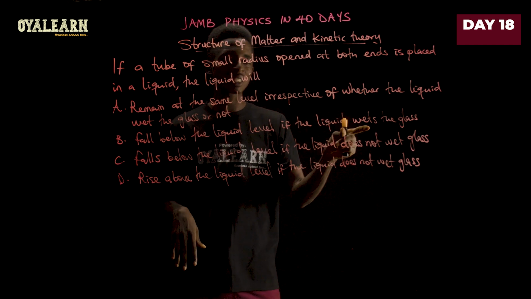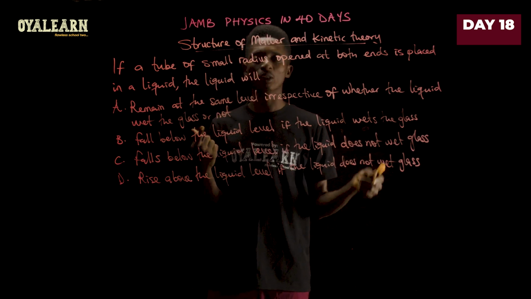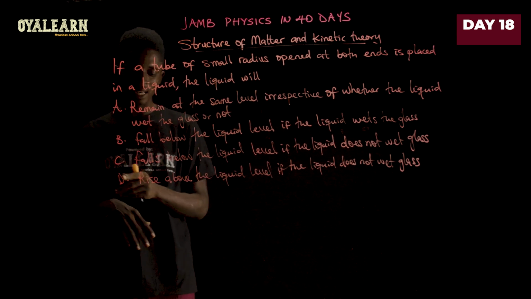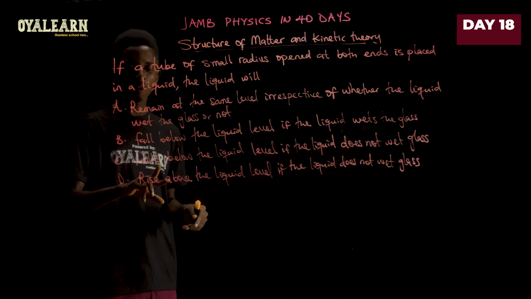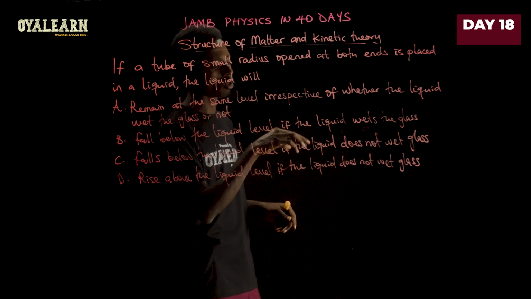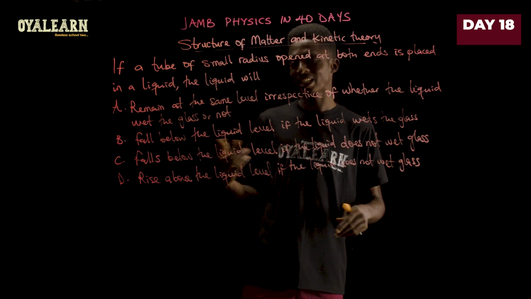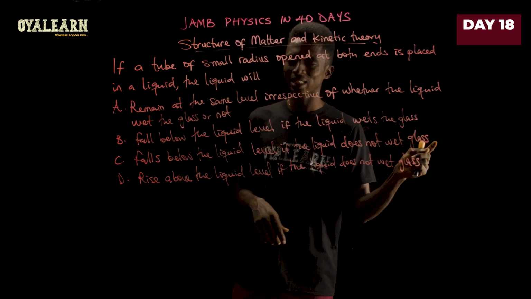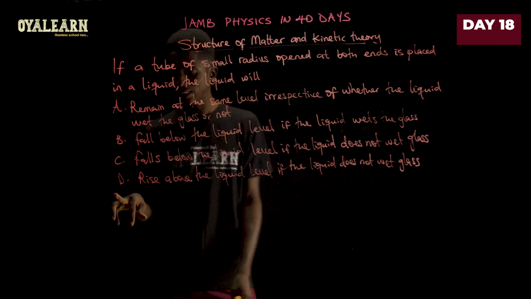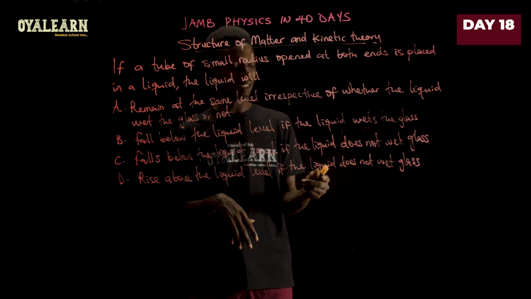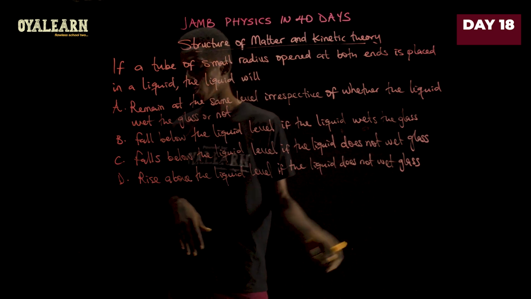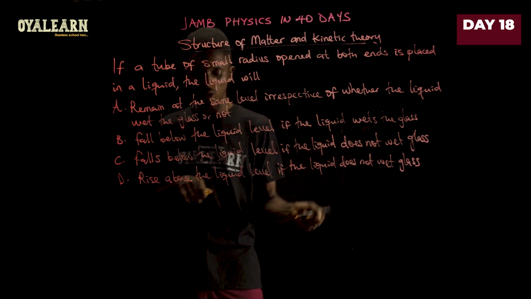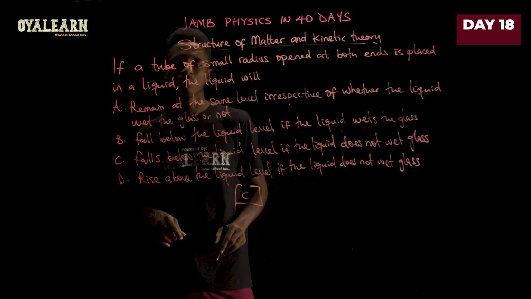When the liquid wets glass, it's supposed to rise above the liquid level. So B is also false. C says the liquid will fall below the liquid level if the liquid does not wet glass. Like in the case of mercury, it does not wet glass, so it will fall below the liquid level. So that is true. D says rise above the liquid level if the liquid does not wet glass. If it does not wet glass, it's supposed to fall below the liquid level. So back to option C. The correct one is therefore C.